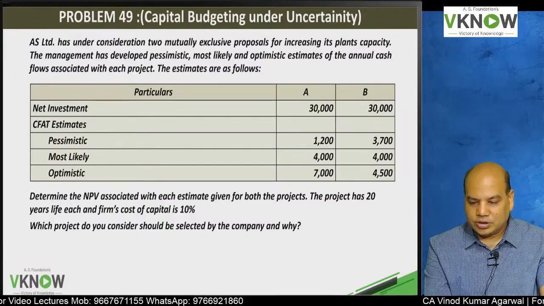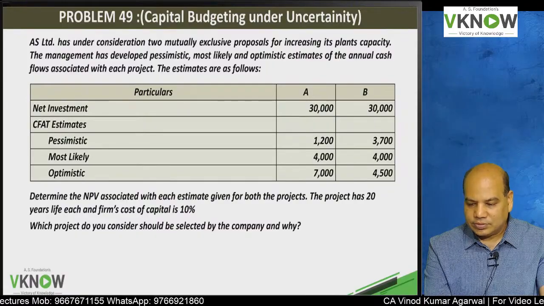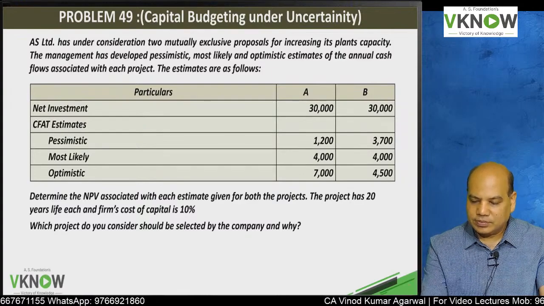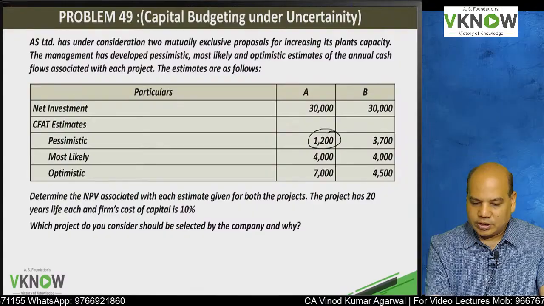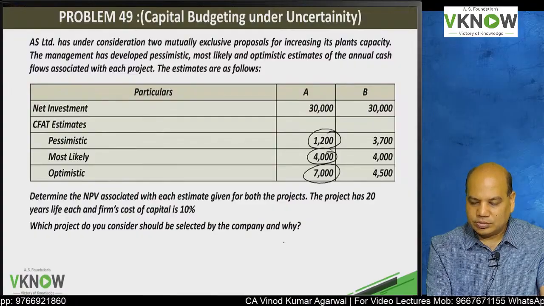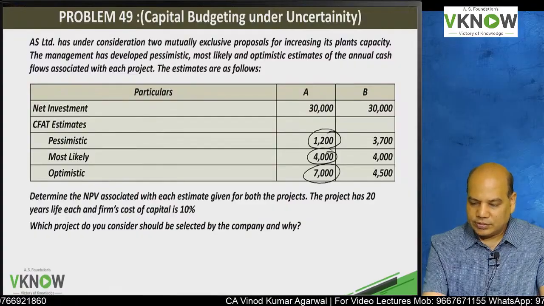In case of project A, net investment is 30,000. If cash flow estimates are pessimistic, you will get 1200. Most likely you will get 4000, and in the optimistic scenario you will get 7,000.